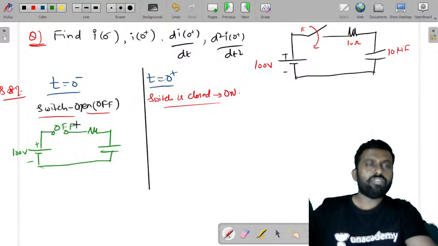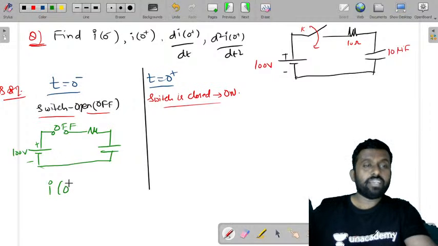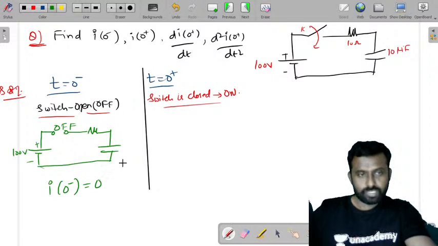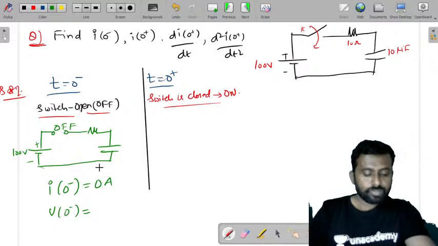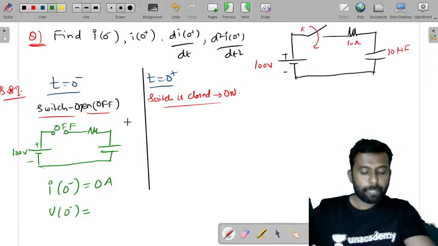This is off. Whenever it is off, the current through this circuit is equal to 0. And the voltage across the capacitor is also 0, since you do not have any voltage.